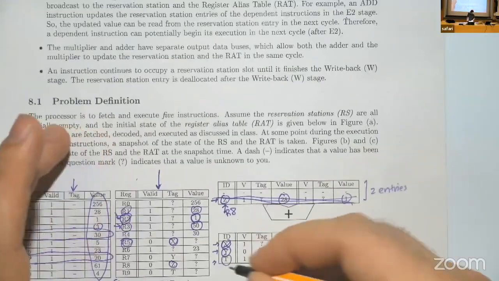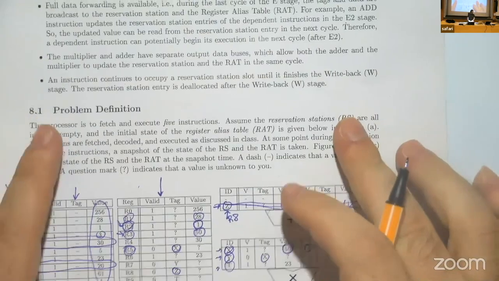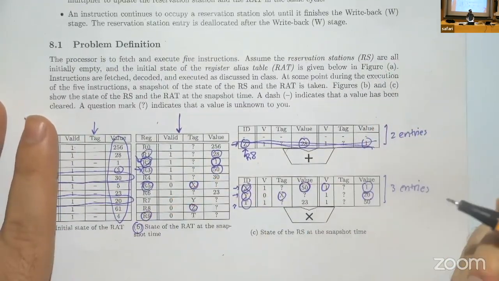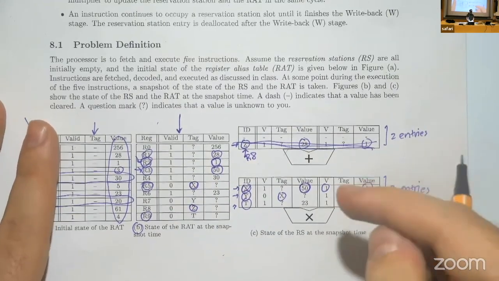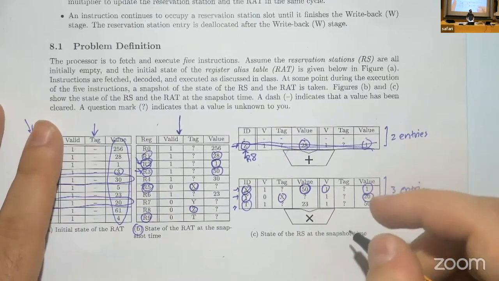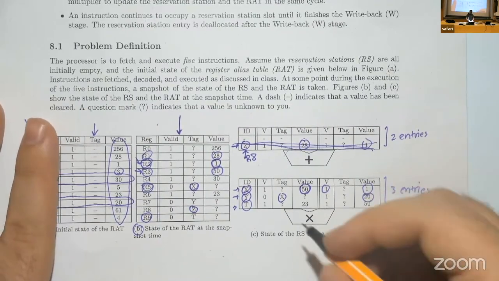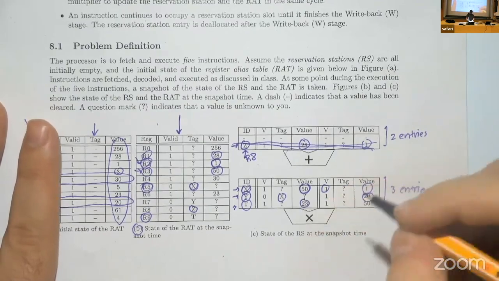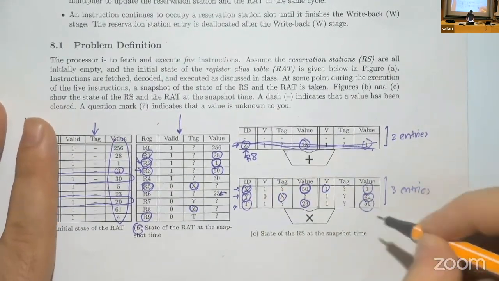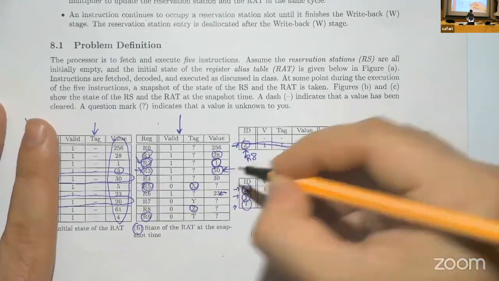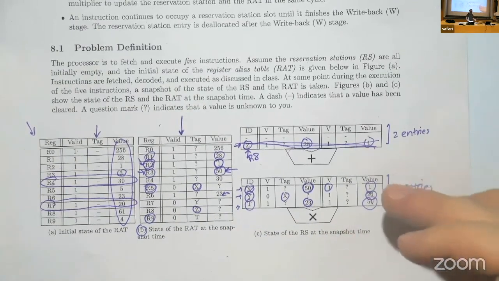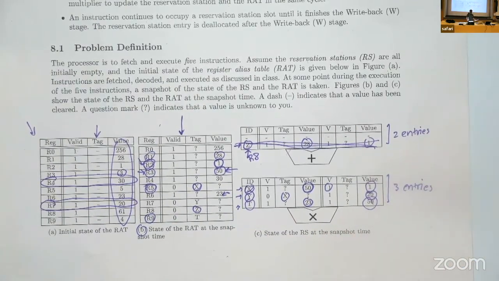Missing T. What is the destination register of T? The destination register of T is R9. So for sure, it's a multiplication that has the register R9 as destination register. And what are the values of the source operands? 23, which is R6, and 50, which is R3. That's pretty straightforward. We multiply R6 with R3, and we get the result in R9.